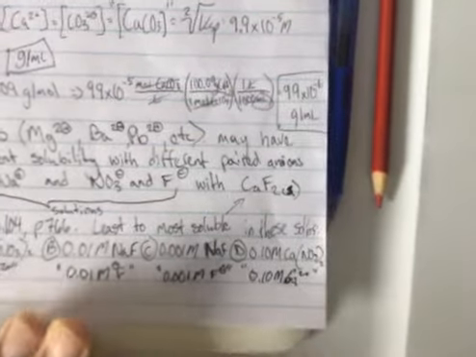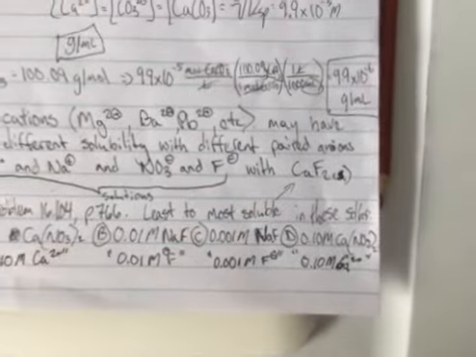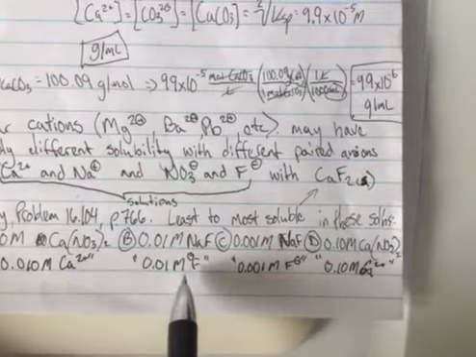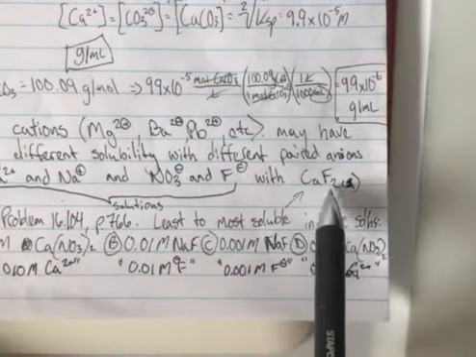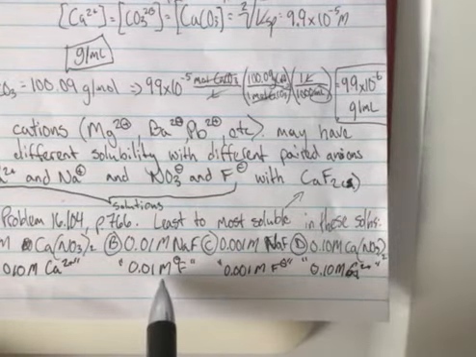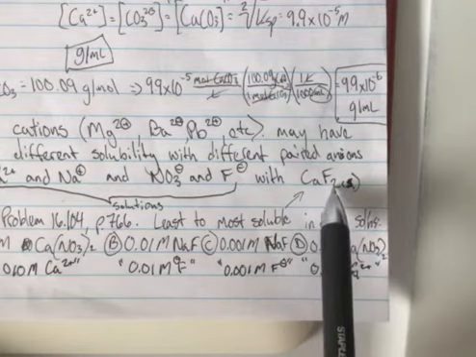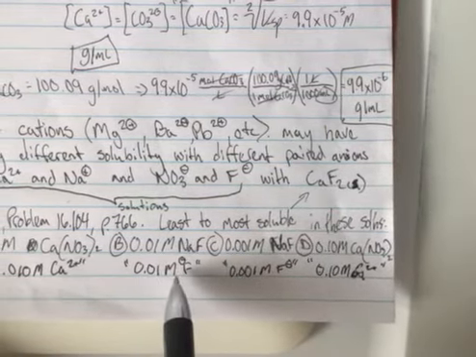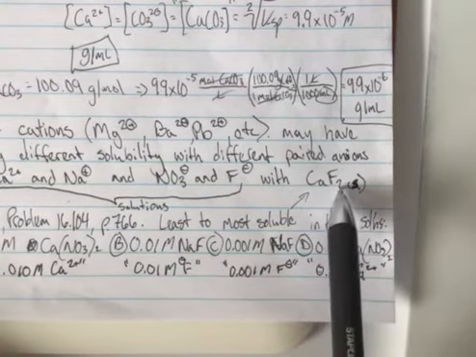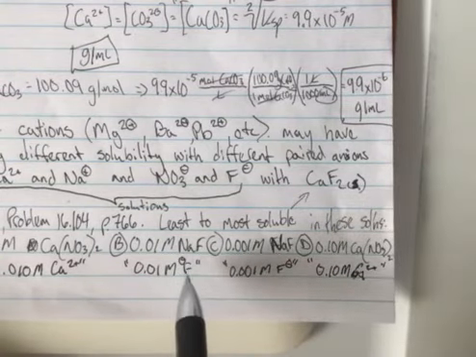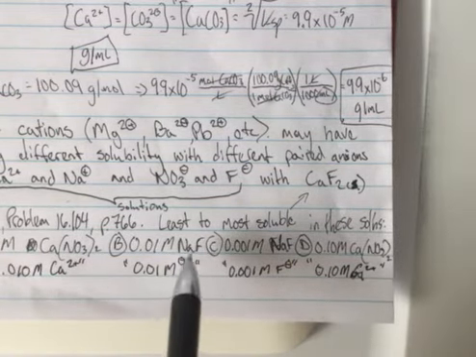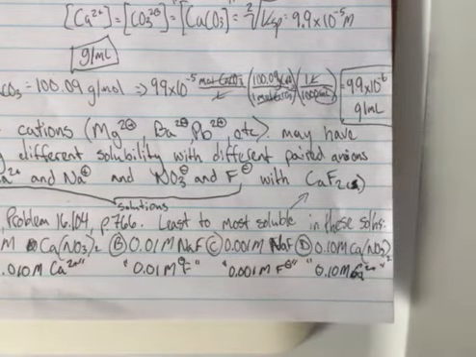So in other words, if we were really looking at amounts, right? Now, if we were to look at, let's say, 0.01 molar of calcium fluoride, only so much of that is going to go into sodium fluoride in this particular concentration.